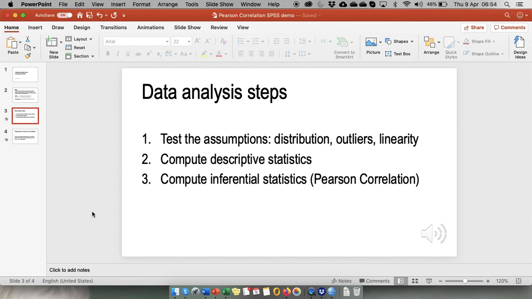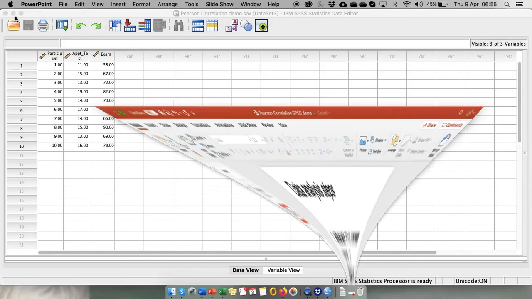Then we will move to the computation of descriptive statistics and inferential statistics. Because Pearson's correlation is a parametric correlation, the descriptive statistics can be requested as part of the actual test. So let's have a look.